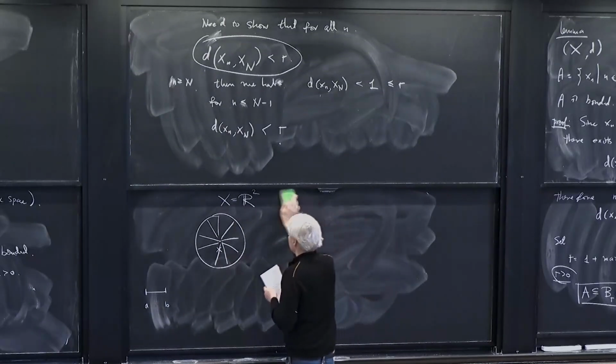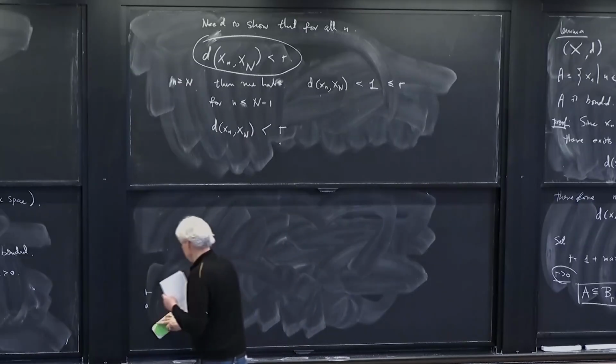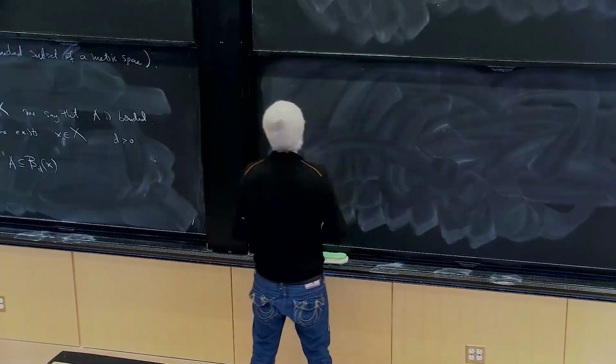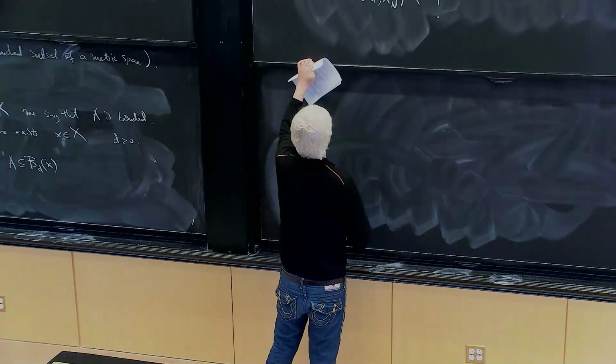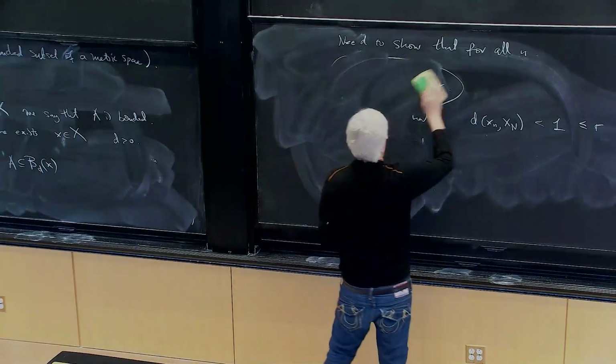Now there's a natural question, and this is connected to the definition of ball. It's worthwhile emphasizing, because it's useful in the next thing that we want to get to.